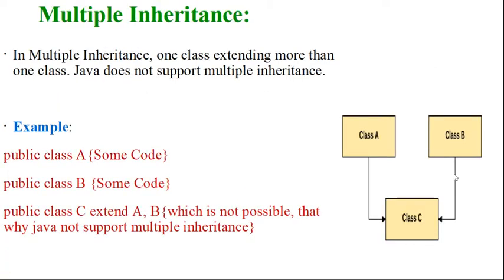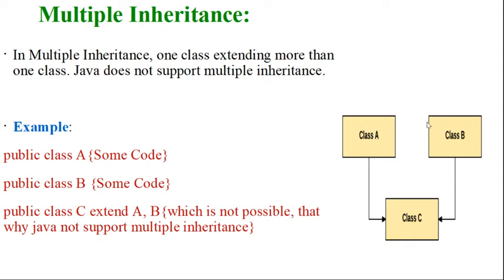And the fourth one is multiple inheritance, when one class extends more than one class. Suppose C extends A and also B, then this is known as multiple inheritance.